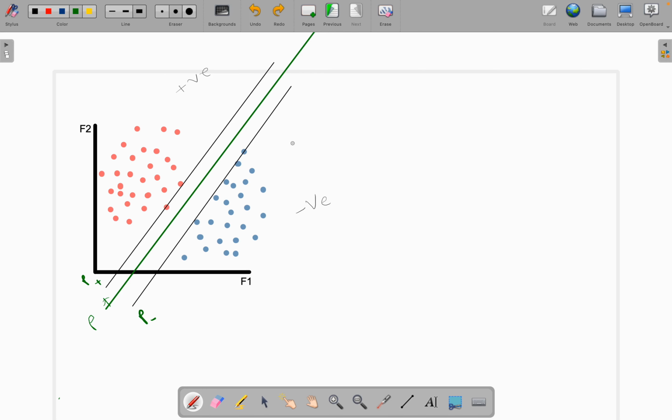Now the task of SVM is to find this distance and maximize it. This distance between the positive plane and the negative plane is called the margin. And SVM solves the problem using margin maximization.